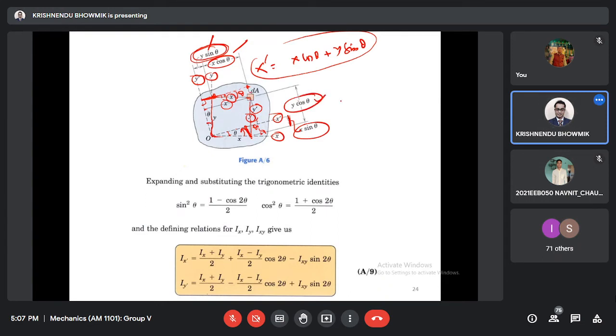Then y prime will be y cosine theta minus x sin theta. Have you understood this? X prime is x cosine theta plus y sin theta. Y prime equals y cosine theta minus x sin theta.